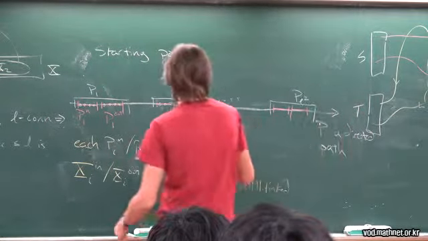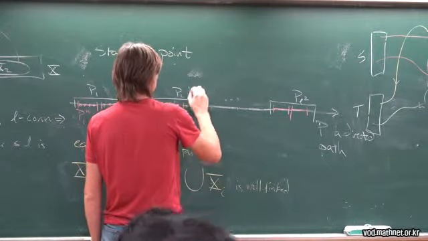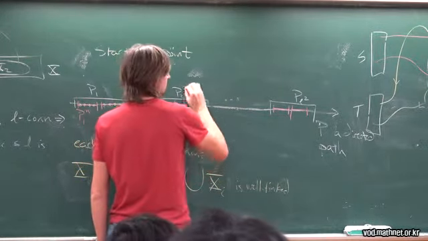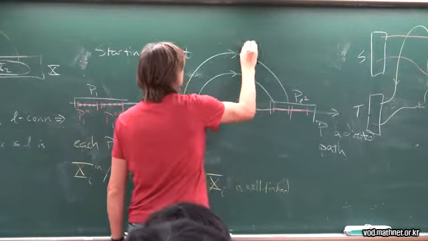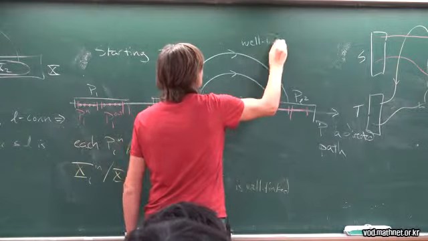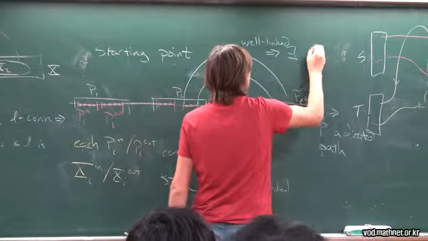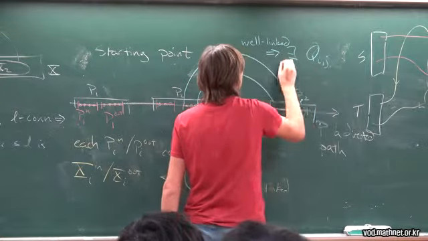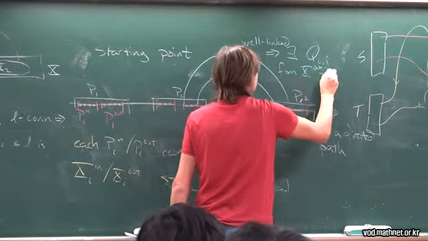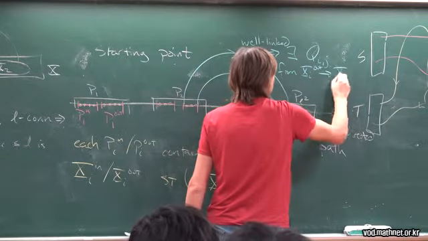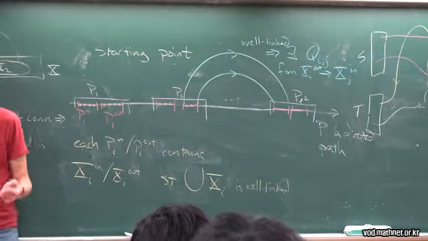So now, using the fact that I'm well linked implies that there exists a linkage, say Qij, from xi out to xj in for each pair i and j.